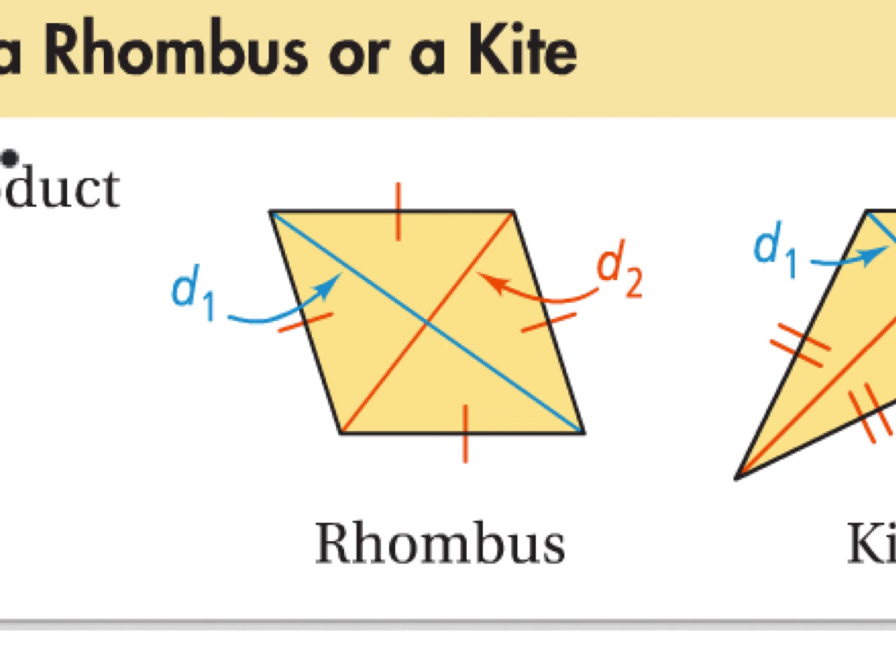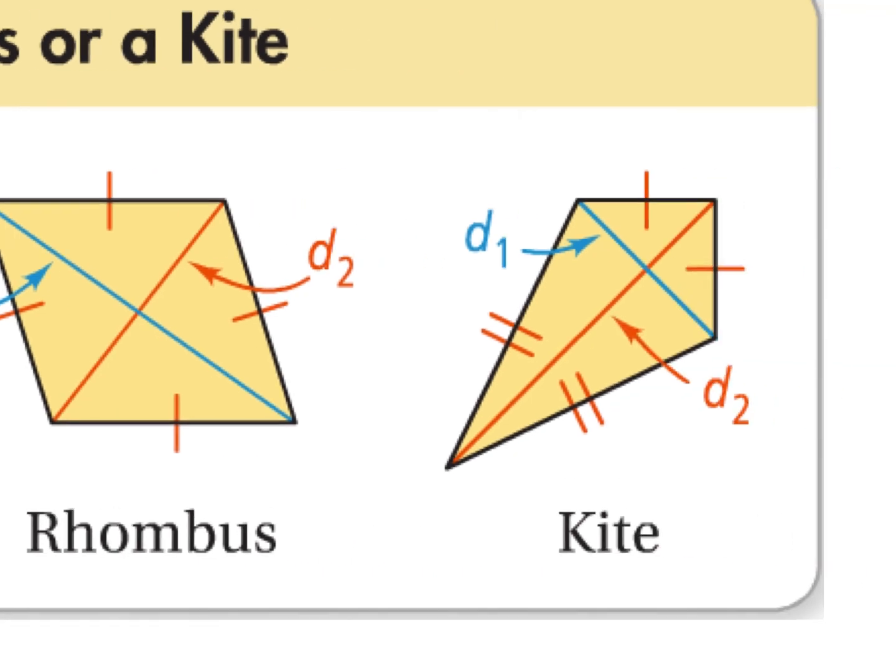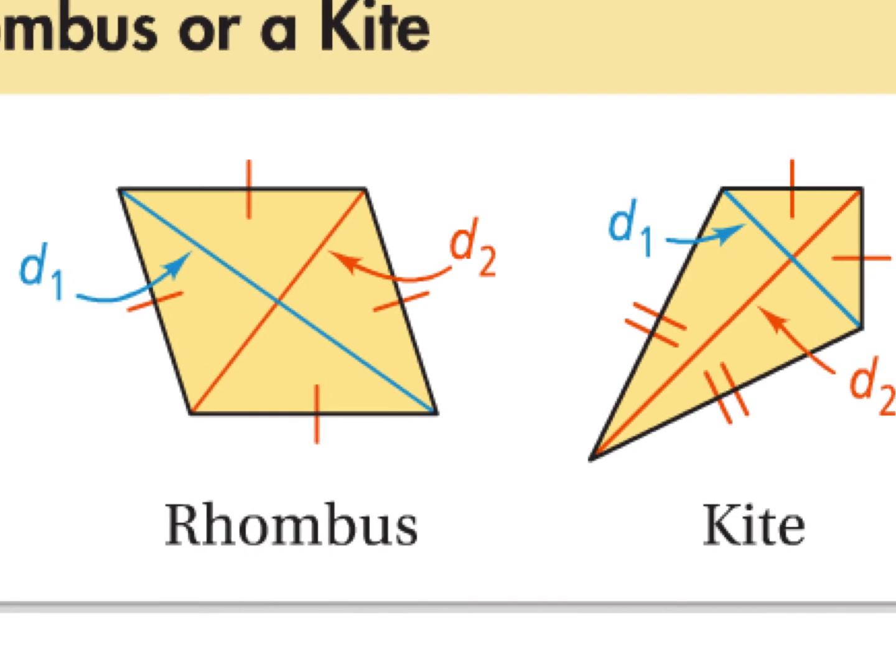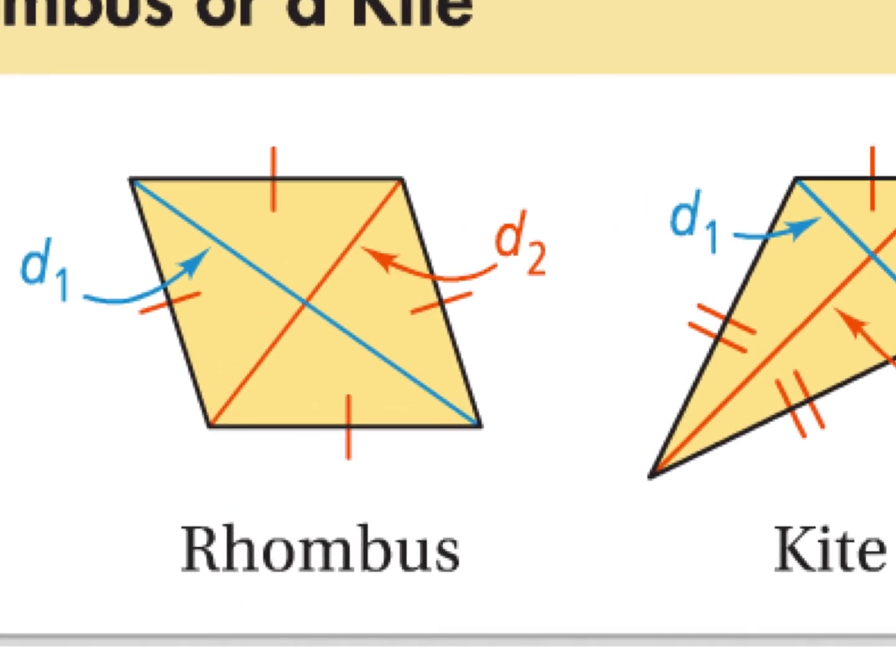So let's just go on. Let's go to kites. So, kites have the exact same formula, D1 times D2. All right, here's what to notice on rhombuses. When you have a rhombus, the diagonals bisect each other.